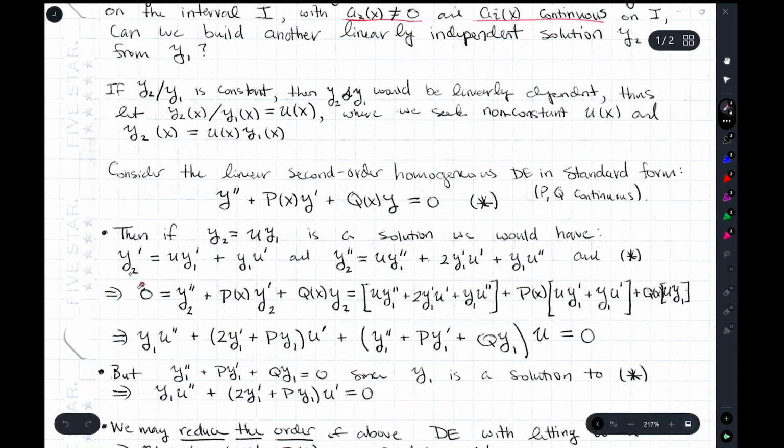So we plug in what we found for y2 double prime and y2 prime into our differential equation. For example, here, this is just y2. This here is y2 prime, and this is y2 double prime, the second derivative. And this here is just y2.